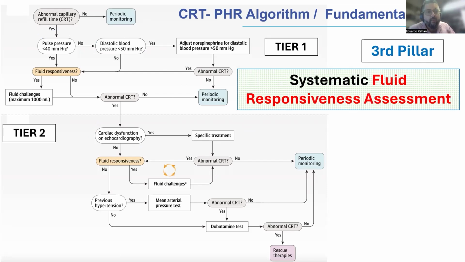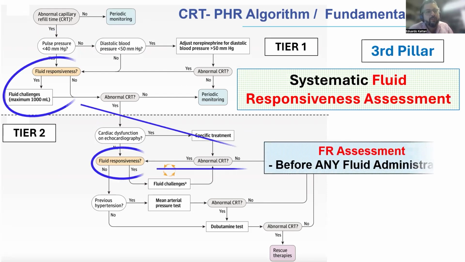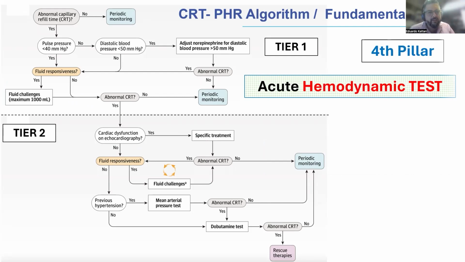And whenever we had a signal that the patient should be tested for fluid responsiveness, before every fluid challenge, we performed a fluid responsiveness test, either with pulse pressure variation, stroke volume variation, or passive leg raising, according to the clinical context. And the fourth pillar, and this is the one that's more interesting, at least for me, is that we did some acute hemodynamic tests that were reversible after only 1 hour.